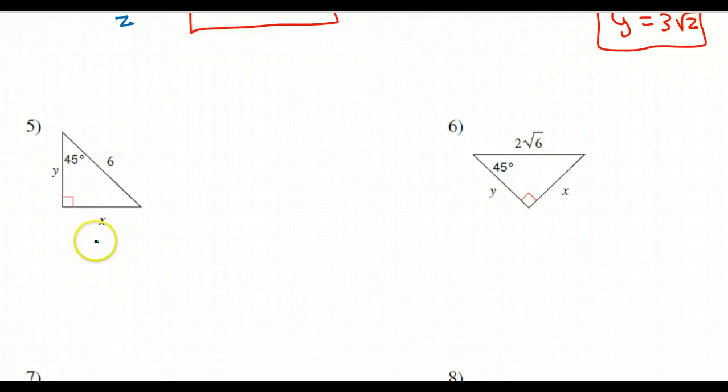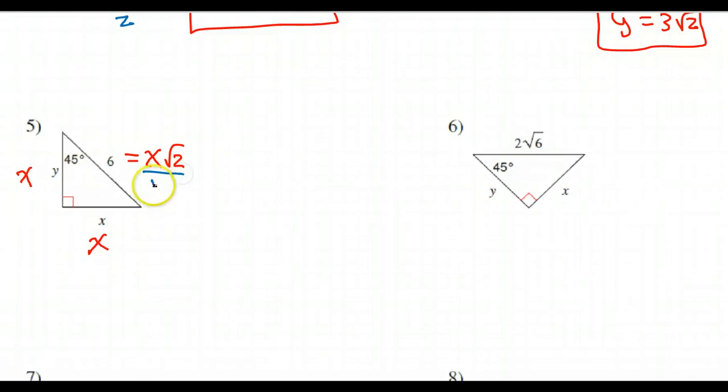Okay, so this is like we have x, x, and x radical 2. So that means we need to solve this for x. So let's just divide both sides by radical 2.